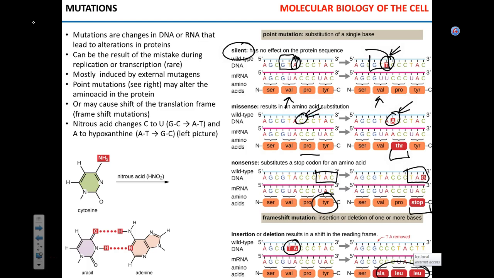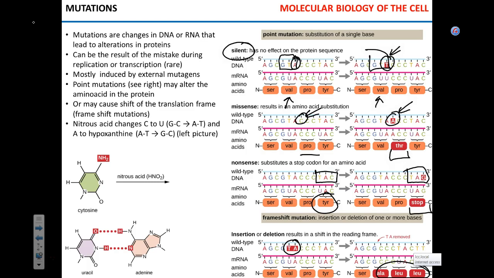Let me try to explain why. When there is a translation, each tRNA using its anticodon loop recognizes what? The anticodon loop recognizes the codon. Does that make sense? Anticodon recognizes codon.